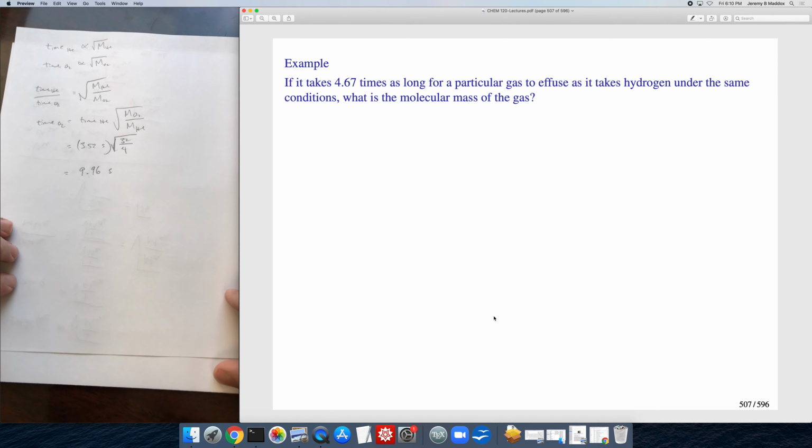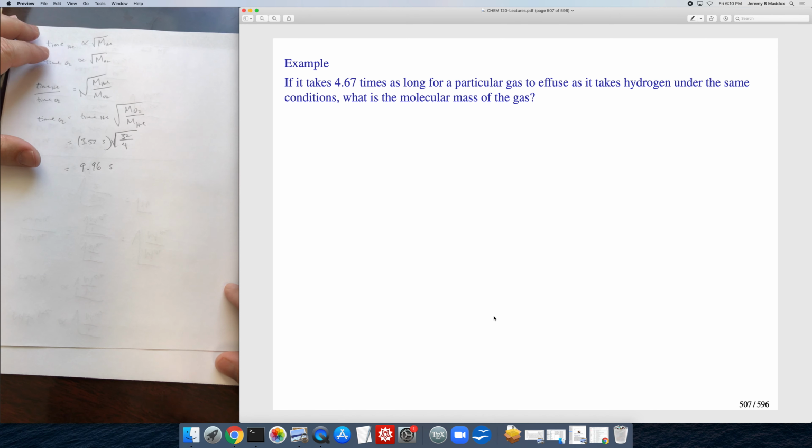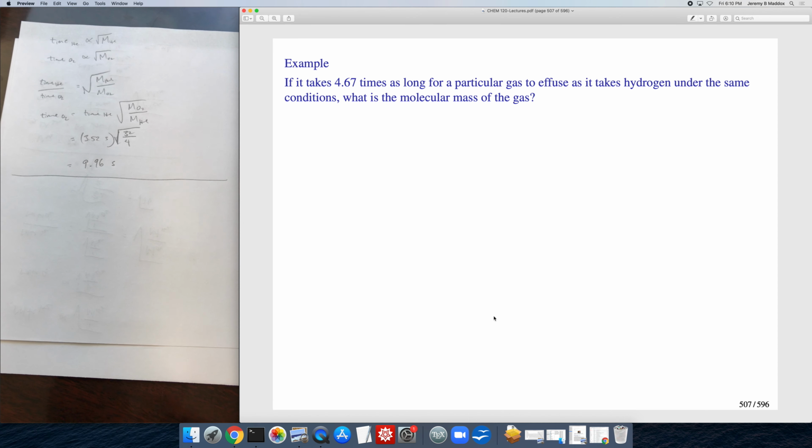It's the same time-based problem, but they're asking you to find the molar mass. They're saying if it takes 4.67 times as long for a particular gas to effuse as it takes for hydrogen to effuse under the same conditions, what is the molar mass?